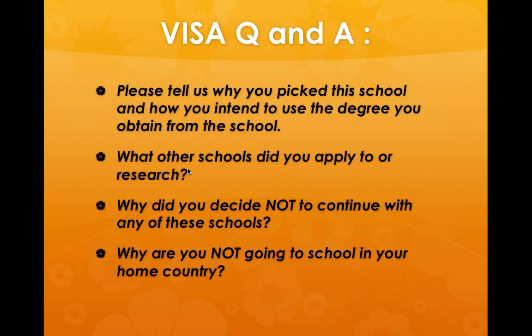When you are spending 30 to 50,000 dollars and you're not even looking at 2 to 5 different universities, how non-serious you are. For that reason, you not only need to know about your university, but you need to know about the other universities in the US. Why did you decide not to continue with any of these schools? It means you need to talk about what good you found in your schools.